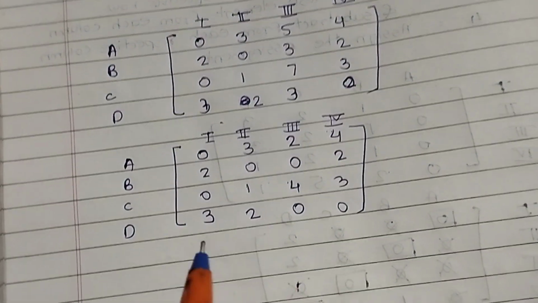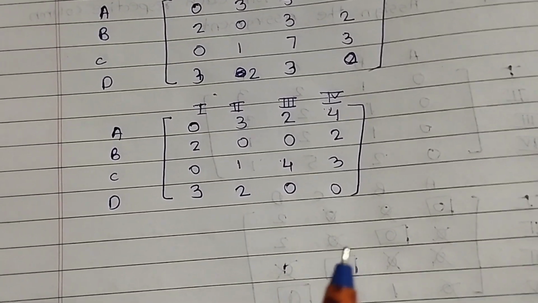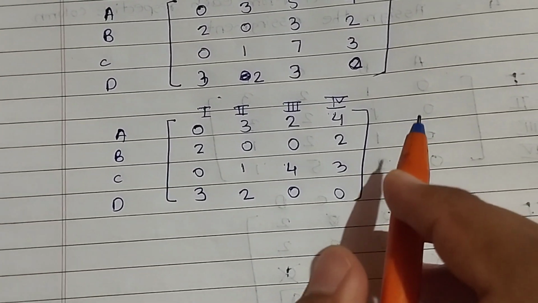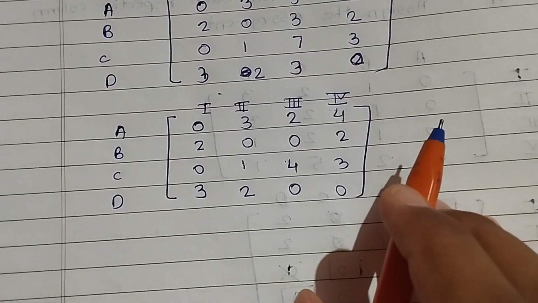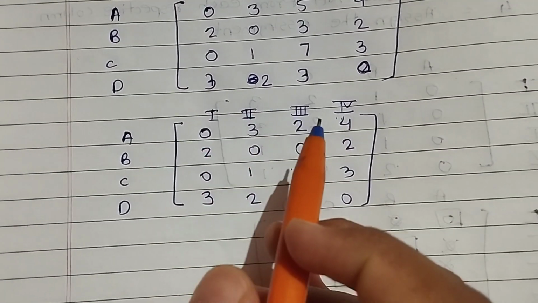Now the fourth step is to make the assignment. For the assignment, first check each row to see if any row has a single 0. In the first row, here is the single 0.